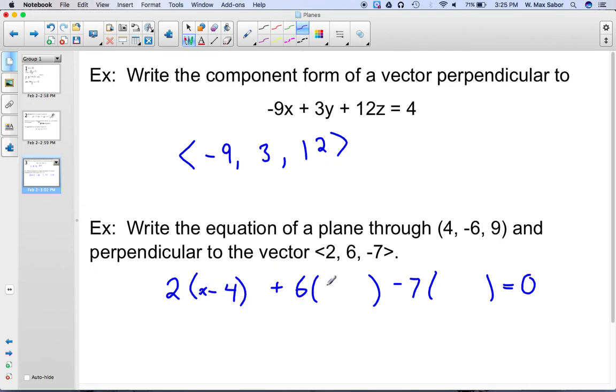So x minus 4, y plus 6, z minus 9. This will work as the equation of our plane. It's a little weird, but all you need to know is that these coefficients match up with a perpendicular vector, an orthogonal or normal vector, and these values represent the point, any random point that it goes through.